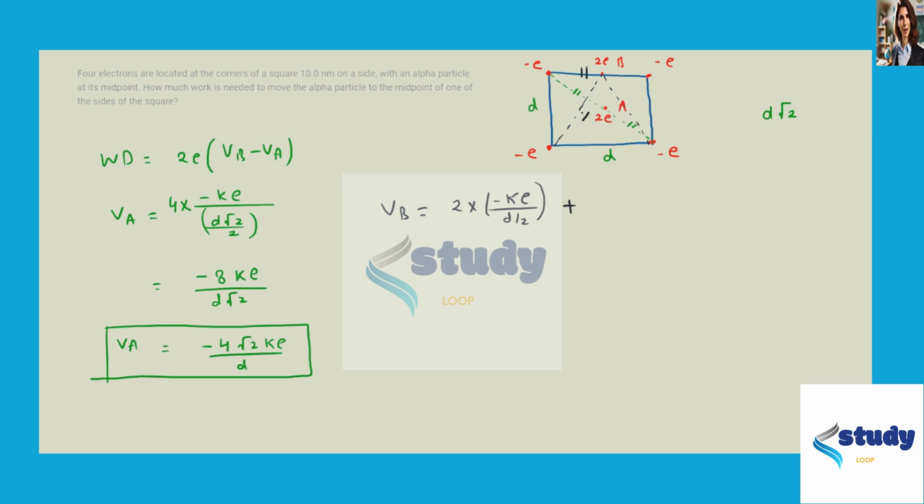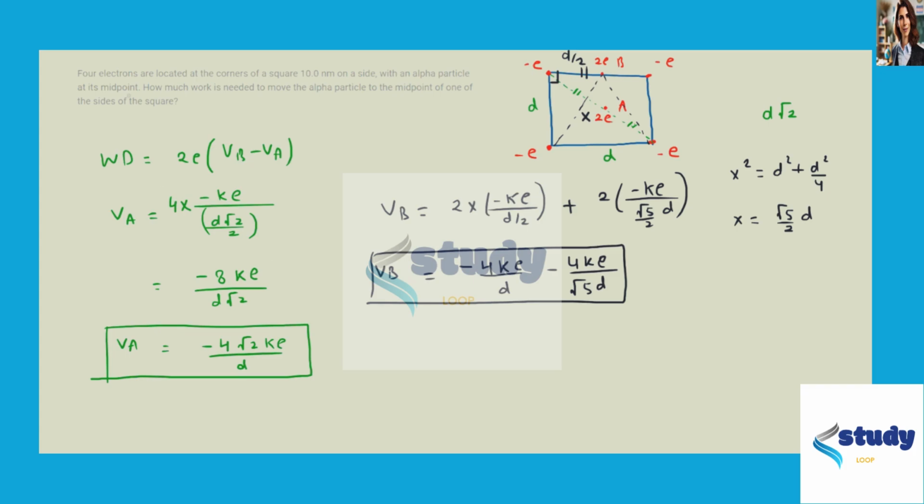If this is x, and this is d and this is d over 2, then using the Pythagoras theorem, x squared is equal to d squared plus d squared over 4, which means that x is root 5 over 2 d. So that's going to be 2 times minus ke over root 5 over 2 d. Simplifying, that's negative 4ke over d minus 4ke over root 5 d. So this is the potential at B.